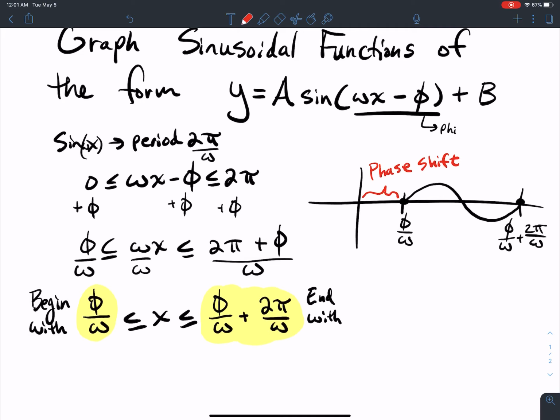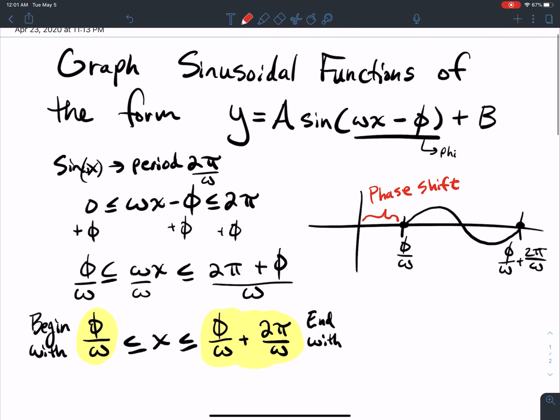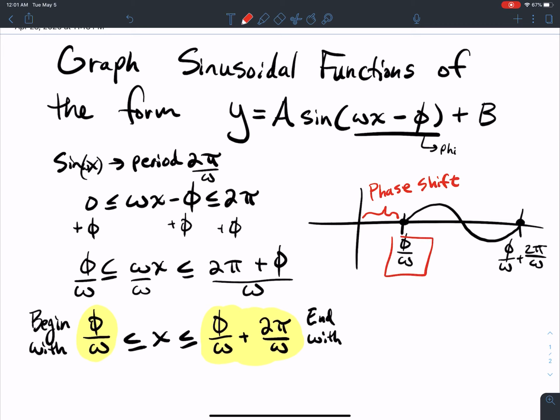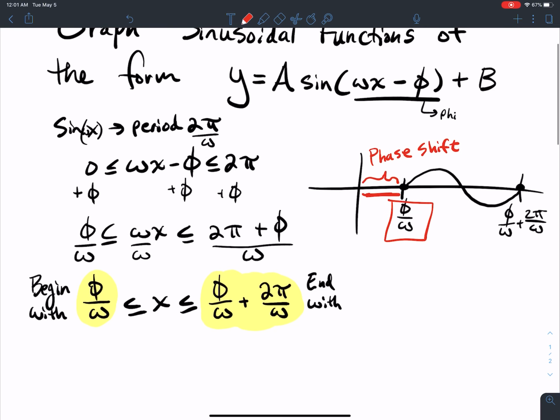So the phase shift is this phi over omega distance here. Okay, so how would you get that in there? You take this a sine(omega x minus phi) plus b.